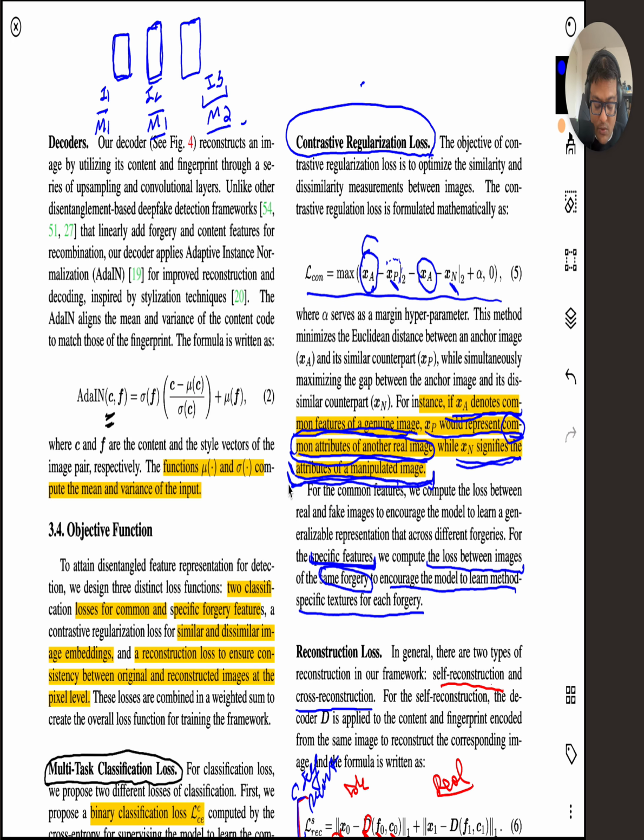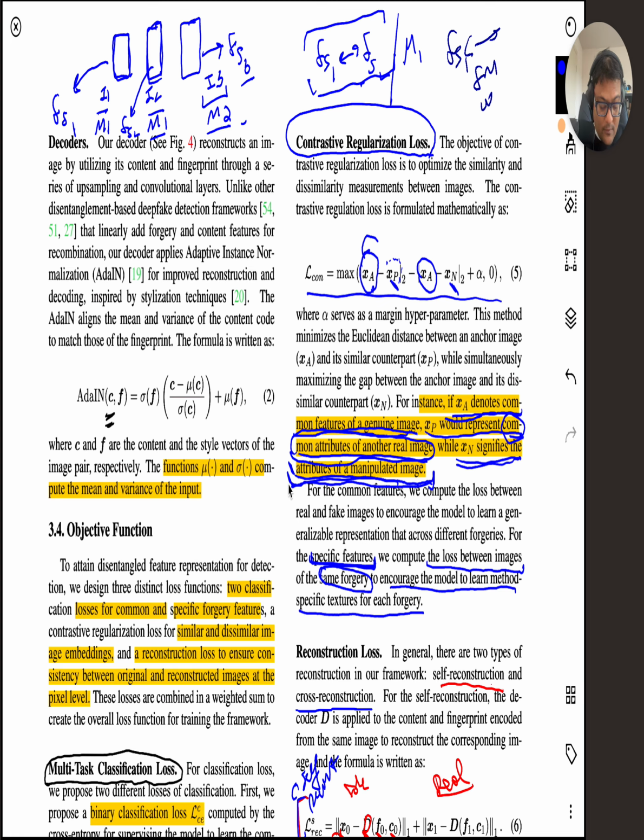So if you take the forgery specific features, fs1, fs2, fs3, then fs1 and fs2 should be close to each other because they correspond to forgery specific features from the same model, M1, and similarly fs1 should be far away from fs3, because they correspond to different models.